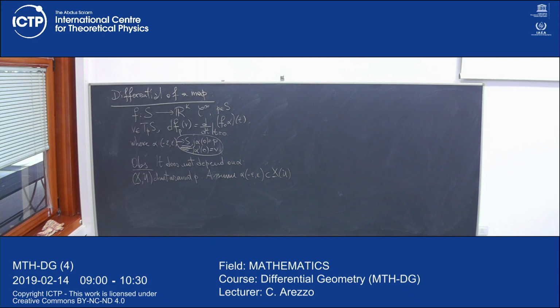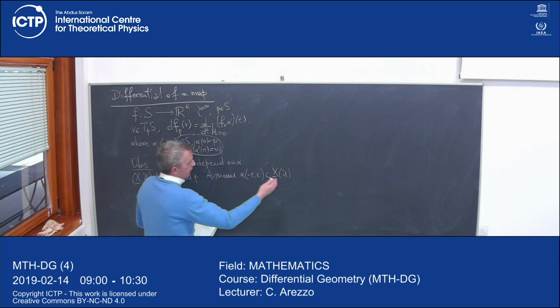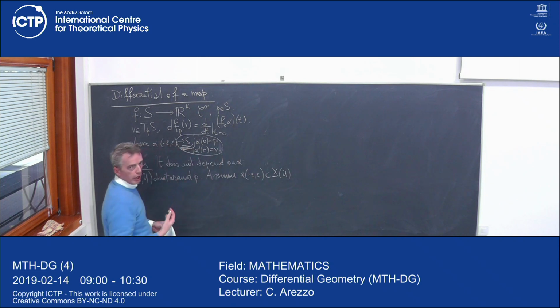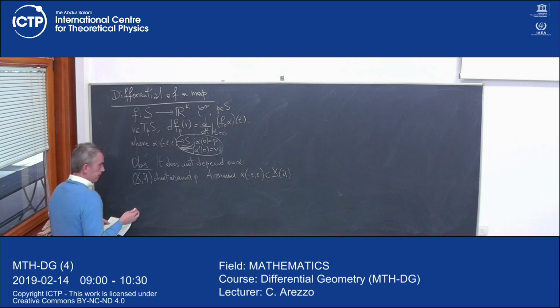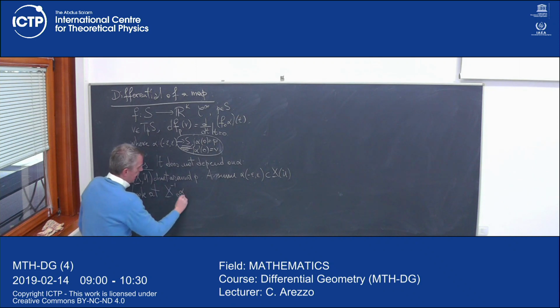Okay? Very good. So what do I do? I take this alpha, which lies on the surface, and I pull it back to R^2 with X inverse. I don't give it a name. So look at X inverse composed with alpha.